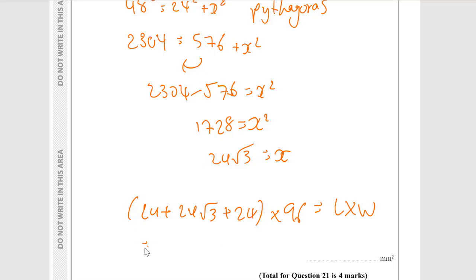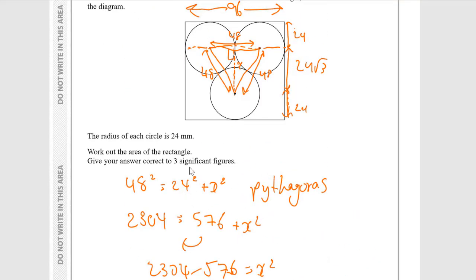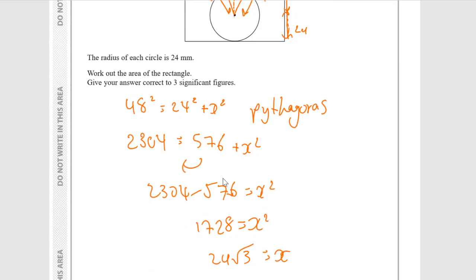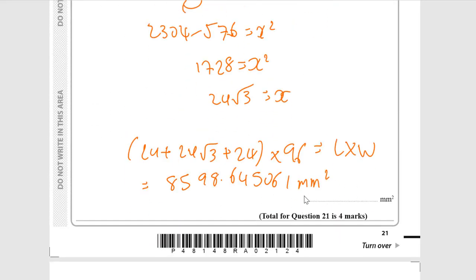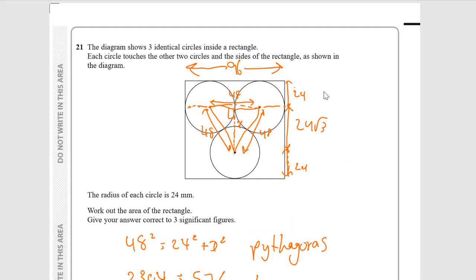And then if we use our calculator, we'll get 8,598.645061 millimeters squared. But if we want that to 3 significant figures, as the question requests, then we're going to get 8,600 millimeters squared.